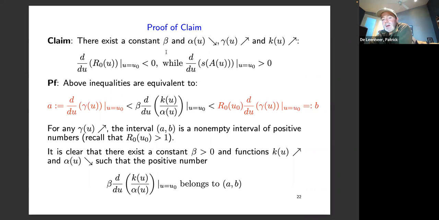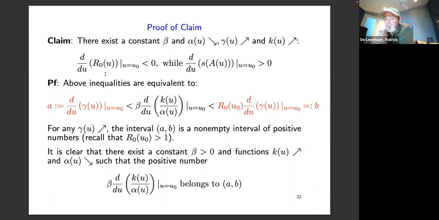I claim I can always find a positive constant beta and functions alpha, gamma, and K that have the following monotonicity properties, so that the derivative of R naught is negative, so R naught will decrease, and S of A will actually increase.